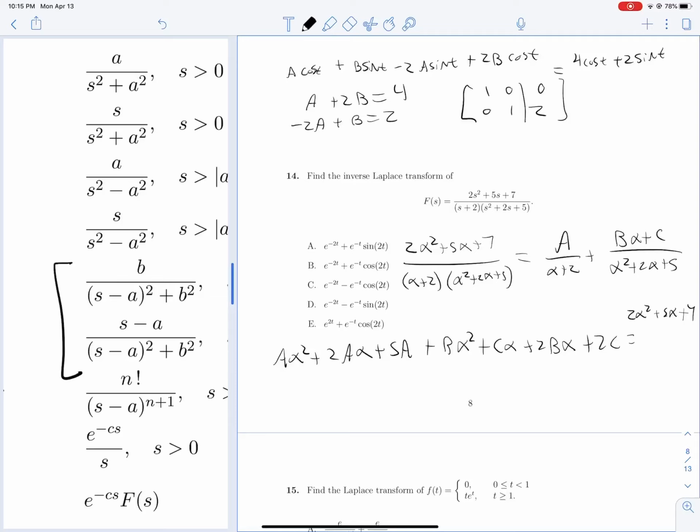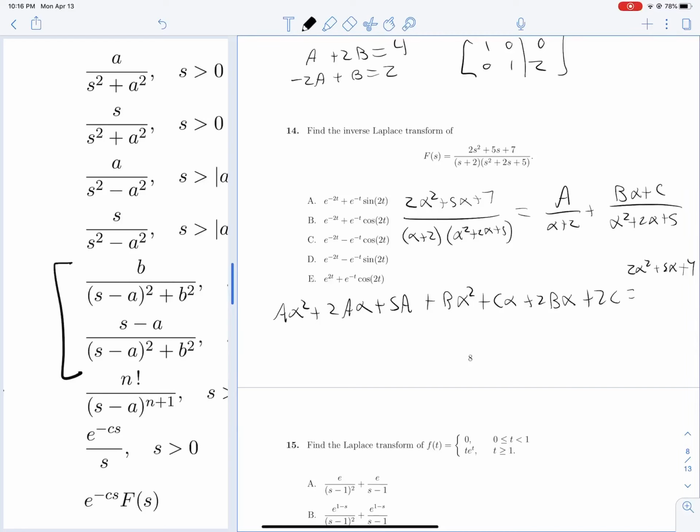Okay. Oh, God. We can set our like terms equal, just taking our alpha squareds first. We see that a alpha squared plus b alpha squared is equal to 2 alpha squared. Now just using our alphas, we have 2a alpha plus c alpha plus 2b alpha is equal to 5 alpha, and then our constants 5a plus 2c is equal to 7.